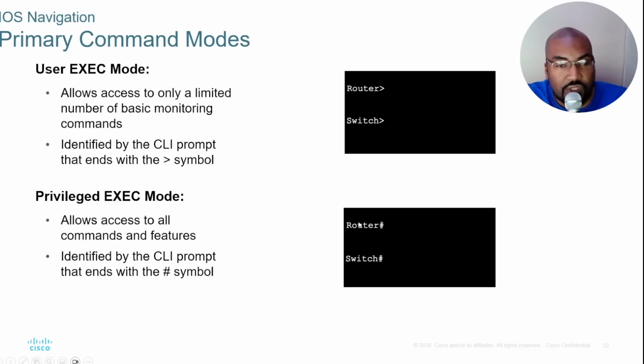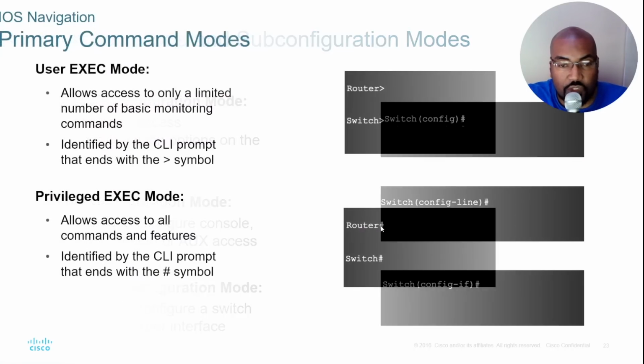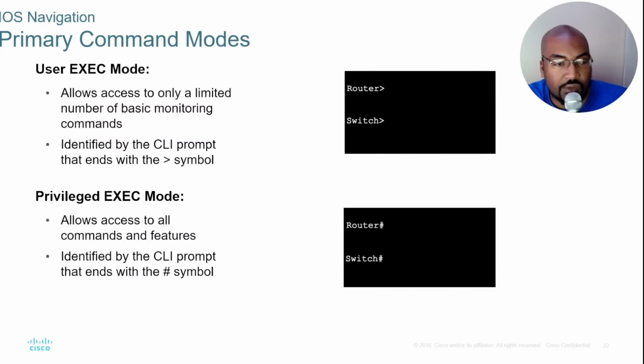And then we have privilege exec mode, and that's signified by this hashtag right here. We see these hashtags all the time in social media, when we're trying to tag somebody. So this means you're in privilege exec mode, and this is essentially running things as an administrator. Oops, grabbed the wrong one. Sorry.